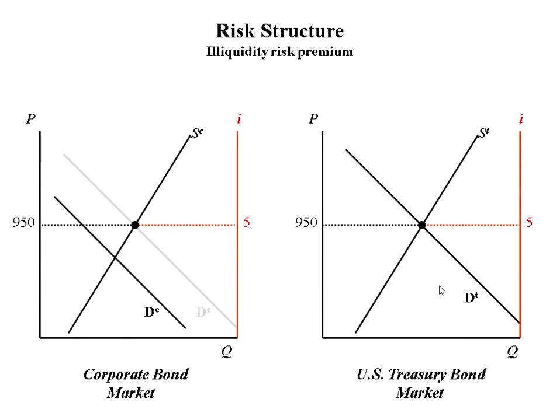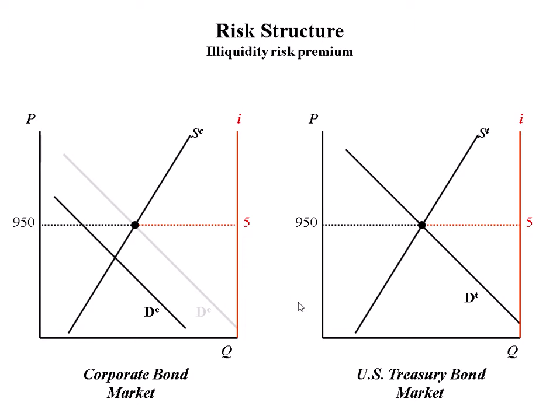because a corporate bond is much harder to sell than a treasury, because the corporate bond market is much, much smaller than the treasury market, central banks are buying treasuries, sovereign wealth funds are buying treasuries, corporations and large investors are buying treasuries.